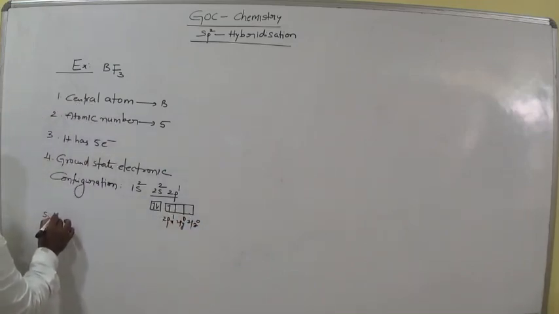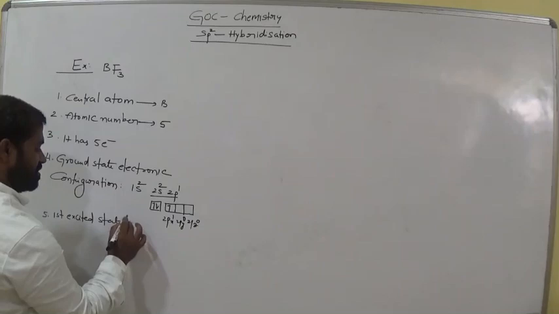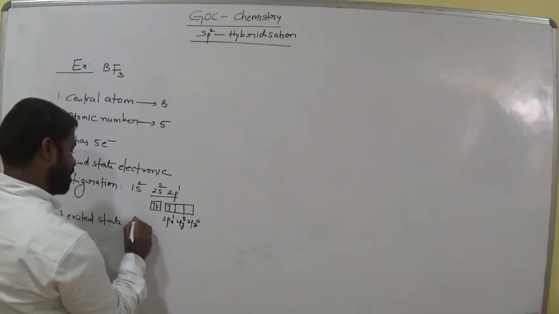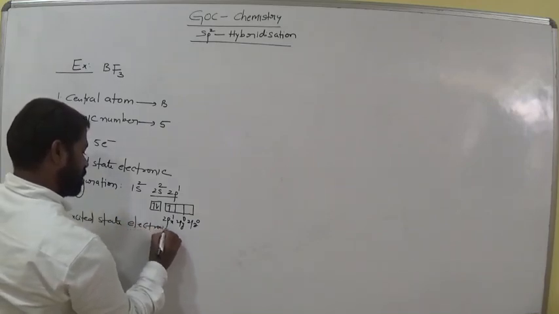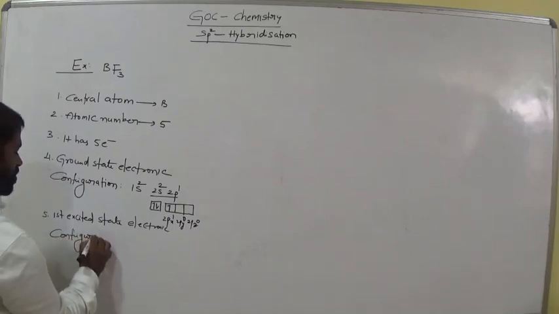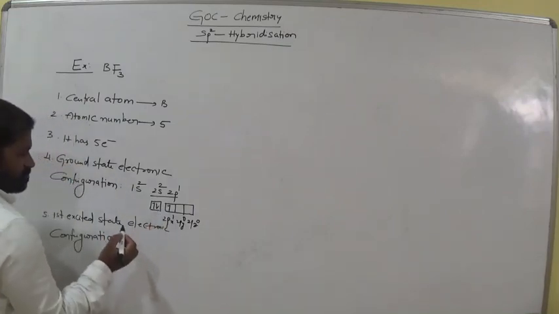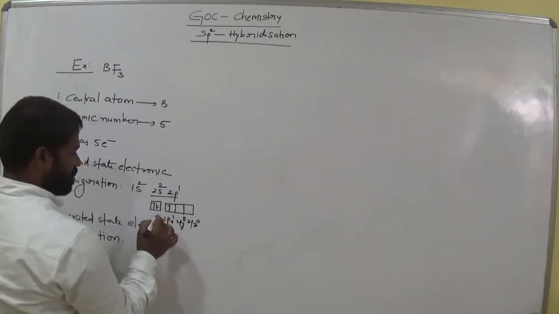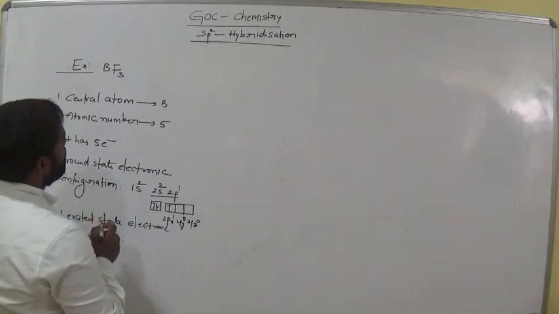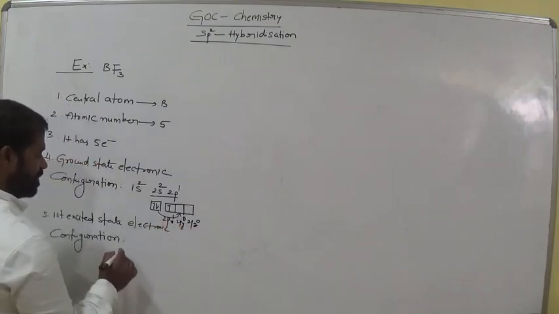So, first excited state means the energy level increases, the energy of the orbitals increases. In the first excited state electronic configuration, this electron moves into 2py.